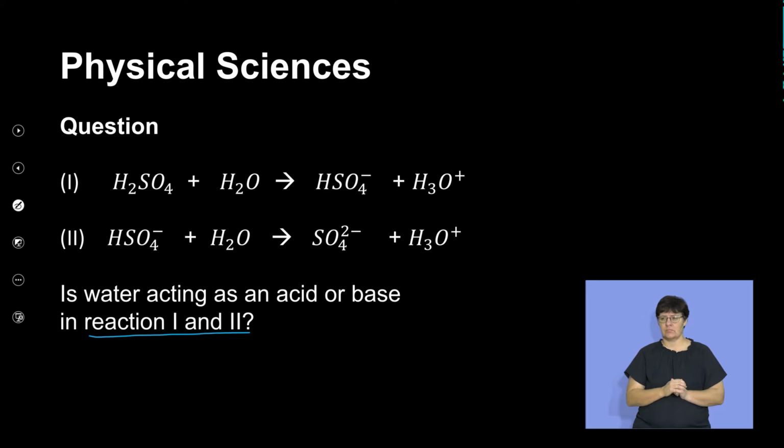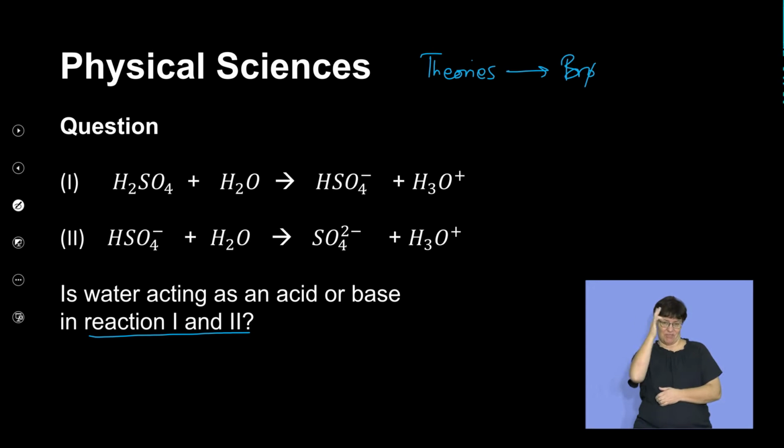This is also based on the theories, right? Okay, but which theory is this exactly? This has to do with the Bronsted-Lowry, right? So this is the Bronsted-Lowry theory, okay? So Bronsted-Lowry theory defines an acid as a proton donor, okay?